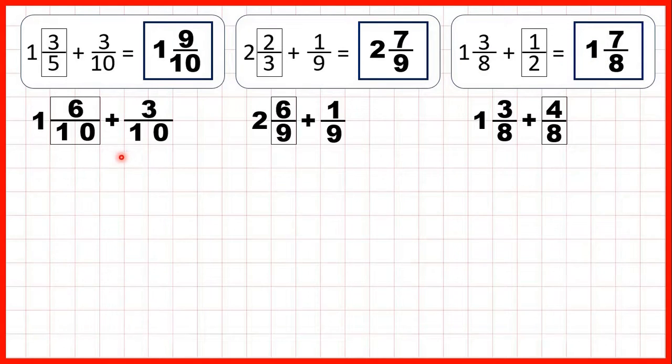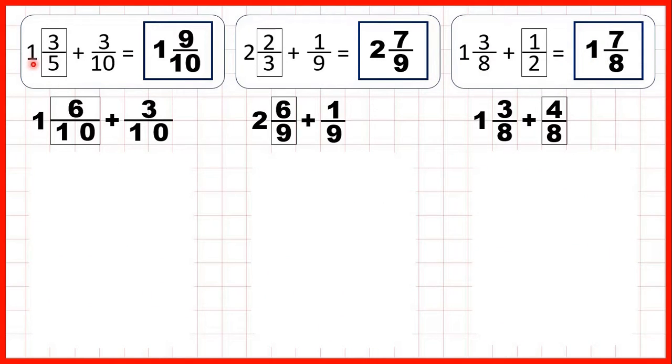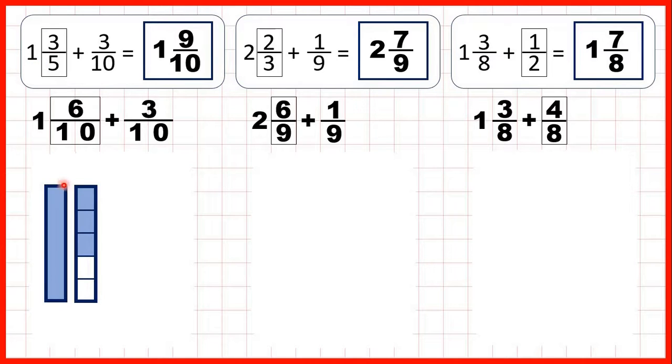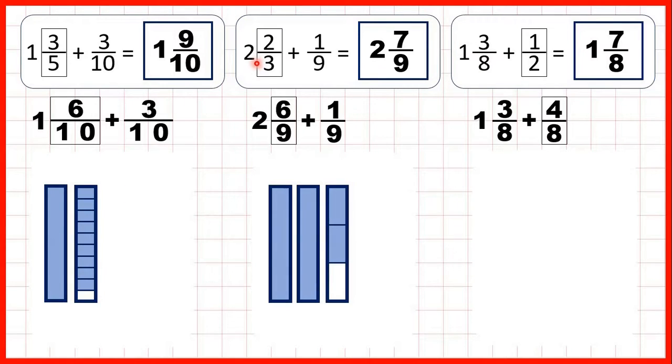So let's think about what we did here. We started with 1 3/5, so that's 1 whole and 3/5, and we were adding 3/10. But to do that, we needed to change these 3/5 into 6/10. So when we put that together with our fraction, we got 1 9/10 as our answer. Then we had 2 2/3, and we were adding 1/9.